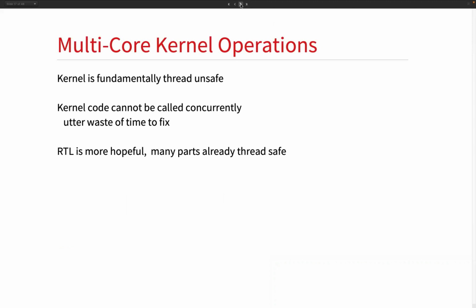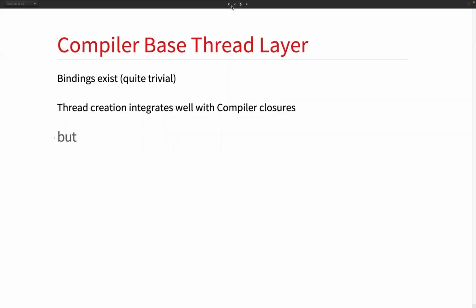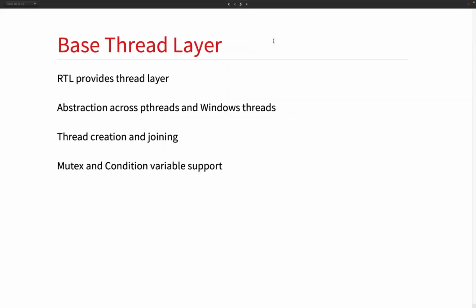In the RTL, there is this base thread layer for managing threads that forms an abstraction across P threads and Windows threads. We can create threads and join them, and it supports mutexes and condition variables. But that is absolutely not something that parallel computation should ever use.